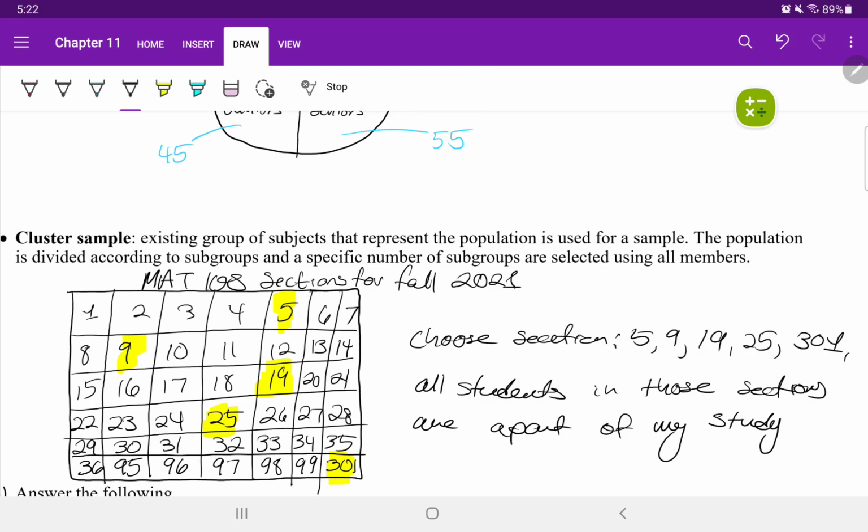So when I choose those 5 classes, those 5 sections of Math 108, if you are in one of those 5 sections of Math 108, you are a part of the study. And that is an example of cluster sampling.